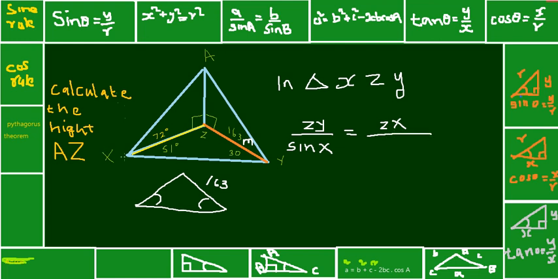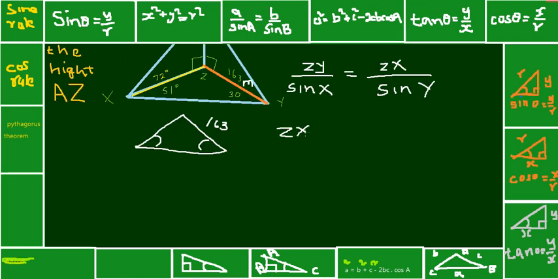For ZY, you use the opposite angle, and for ZX, we use the angle on this side. So we are looking for ZX.